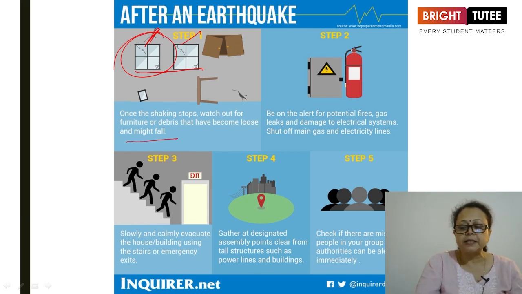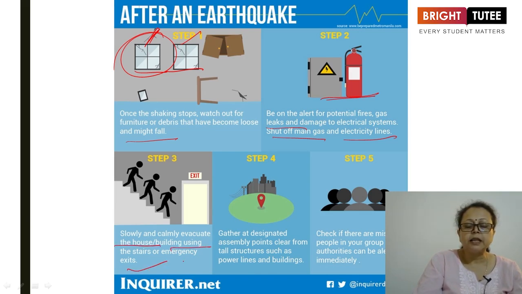The second step is to be on the alert for potential fires: fire extinguishers, gas leaks and damage to electrical systems. Shut off the main gas and electricity lines. Being an alert citizen, this is our responsibility. Step 3: slowly and calmly evacuate the house or building using the stairs or emergency exits.